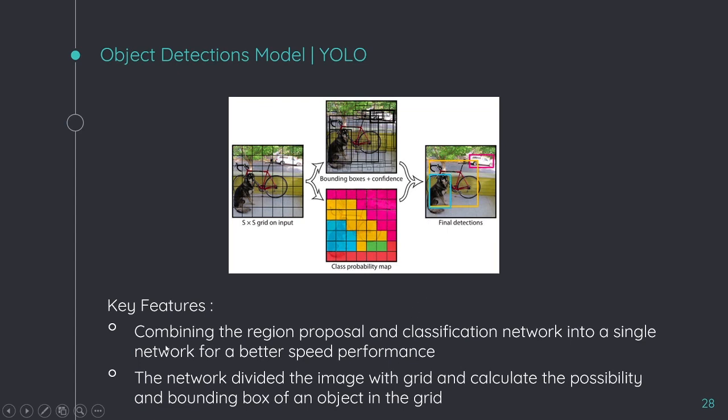So this process of combining the region proposal and the classification network into a single network gives much faster speed performance to do the inference. And the trade-off of the accuracy and the speed can be modified by changing the grid that can be used in this model.